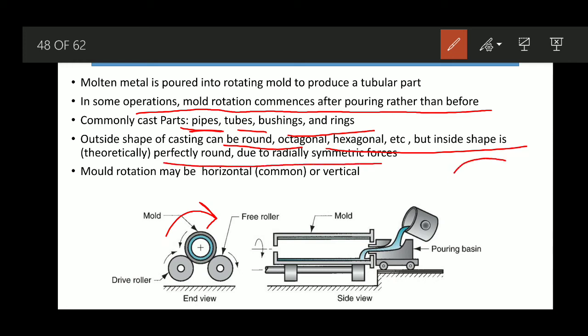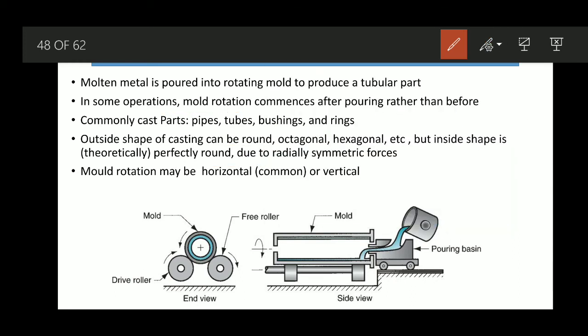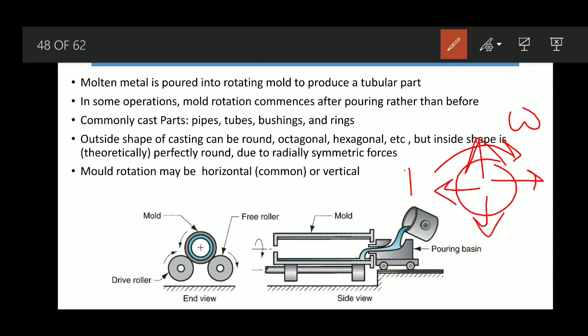We already know, if we have this kind of mold which is rotating, for a rotating body having mass, a centrifugal force is generated which acts in the radially opposite direction. Suppose this is the mold we are talking about, and this is another view; it rotates about this axis.